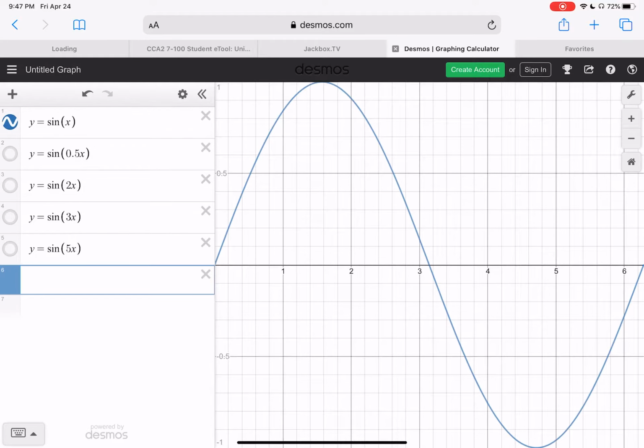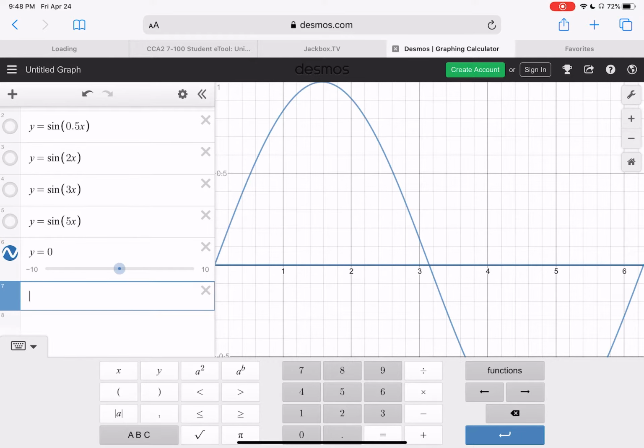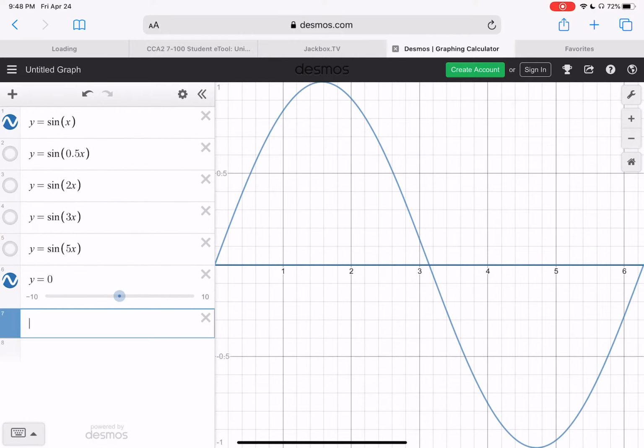Now that you've thought on your own, let's talk about what the midline of y equals sine x would be. Again, the midline is the middle of the graph horizontally, the line that divides the graph directly in half horizontally. So for this graph, it would be the line y equals 0, because you can see that line divides the graph directly in half.